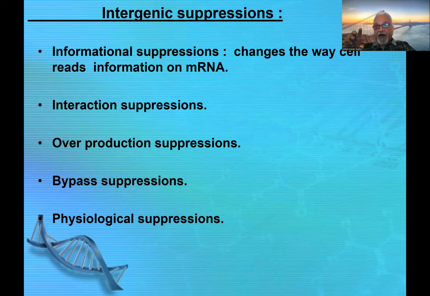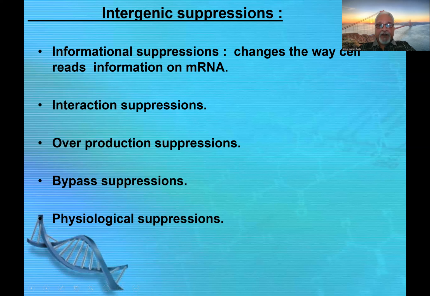It means the original mutation will show wild type phenotype in a particular genetic background. Until the second mutation, or the right kind of second mutation, is there, you will not see reversion. So it is in a way a conditional mutation. There are many ways by which a second mutation suppresses the original mutation.